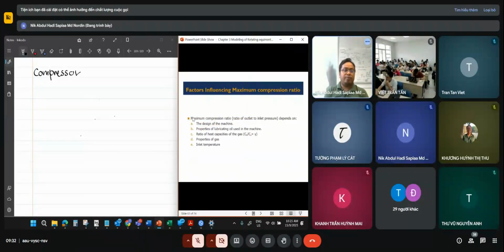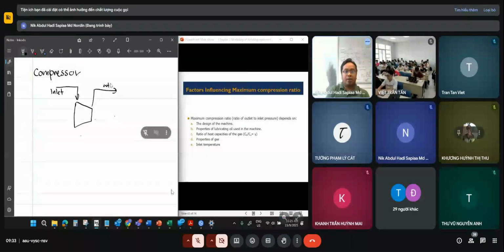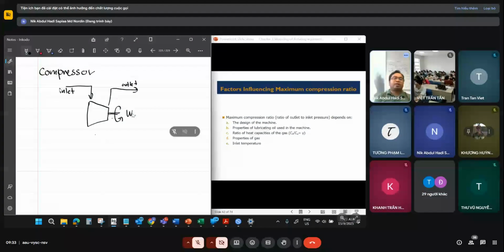When we take compressor into consideration, let me draw the compressor here. We have inlet and outlet, and we have the work in order to increase the pressure or to transport the gas from inlet to outlet.